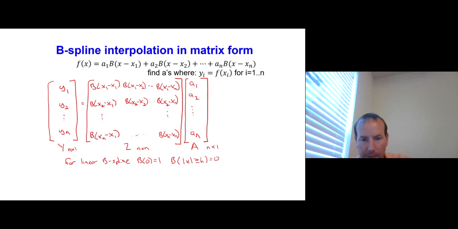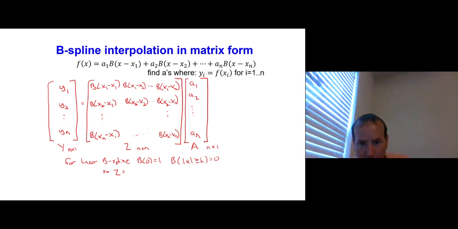And when both of these happen, then in the Z matrix, what happens is that B(0) being 1 means that the center diagonal is all 1s, and the width of the basis functions being no more than h means that all these off-diagonal terms go to 0.